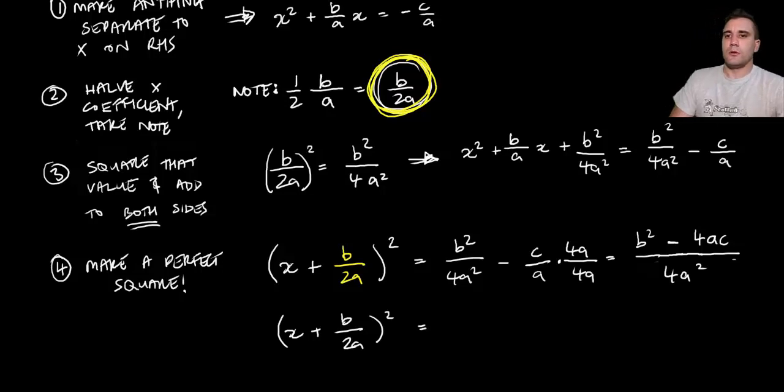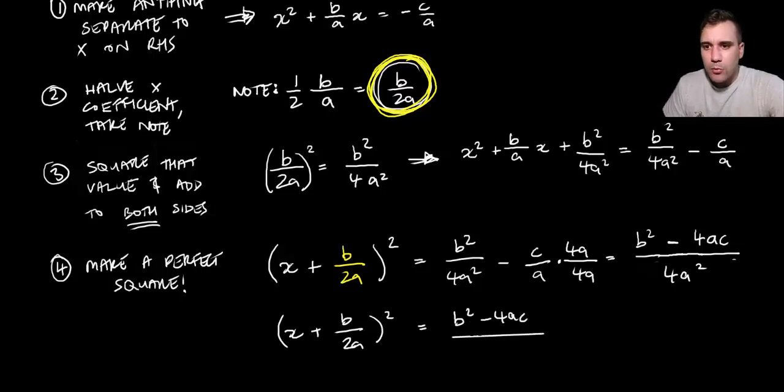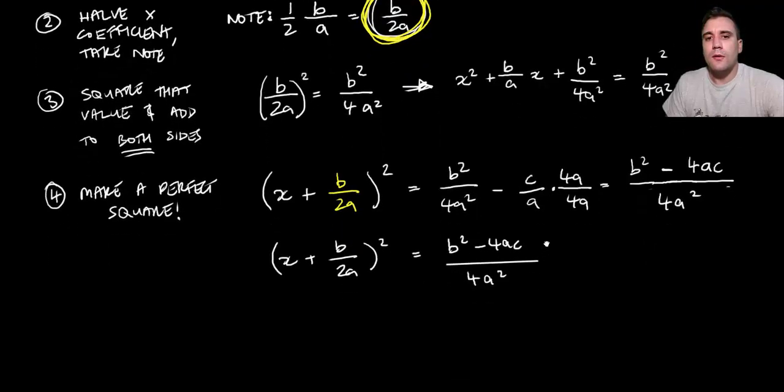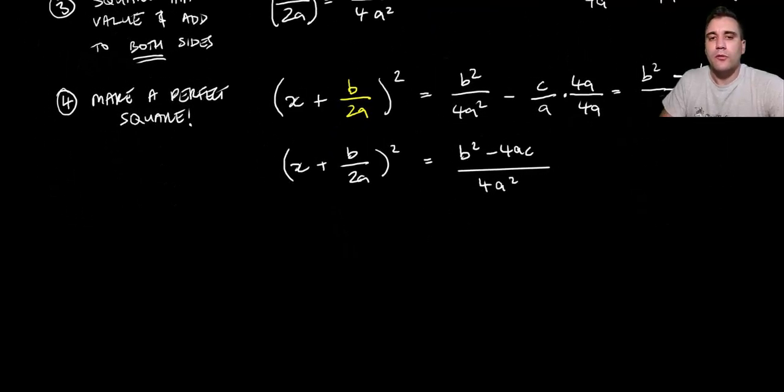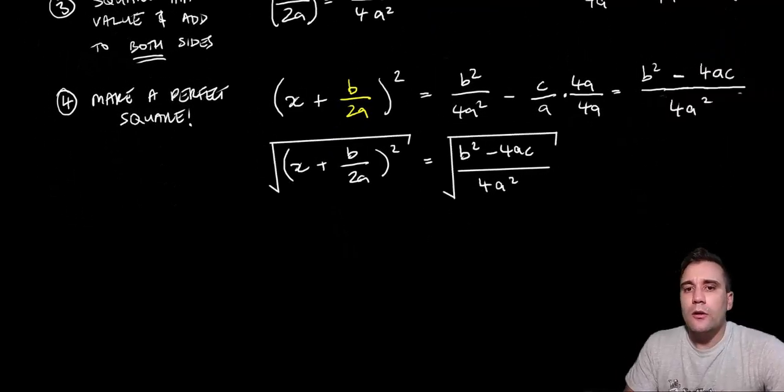That was pretty cool. So b squared minus 4ac divided by 4a squared. Now, what can we do here? We can take the square root of both sides.